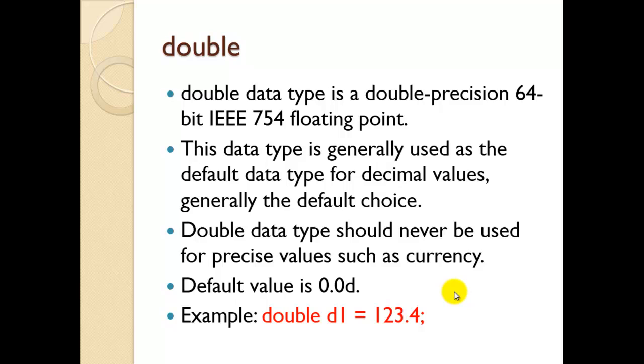This data type is generally used as the default data type for decimal values, generally the default choice. The double data type should never be used for precise values such as currency. The default value is 0.0d. An example: double d1 equals 123.4. A small d can be placed at the end, but it is optional.